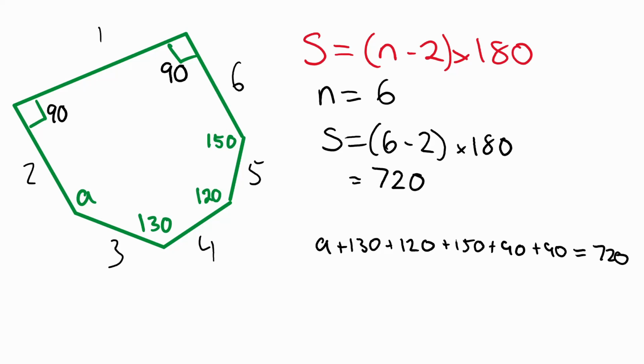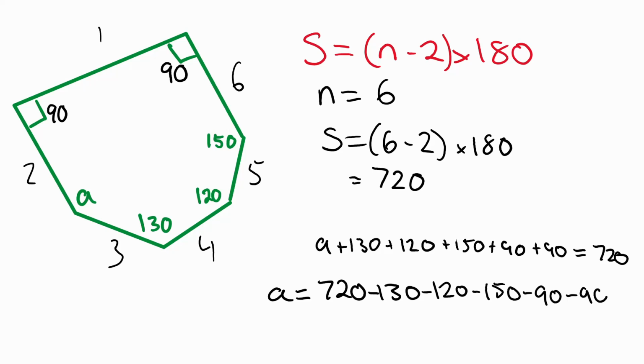So knowing that, I can subtract all the angles we know from 720. So a is going to equal 720, take away 130, take away 120, take away 150, take away 90, and take away 90. And that all equals 140 degrees.